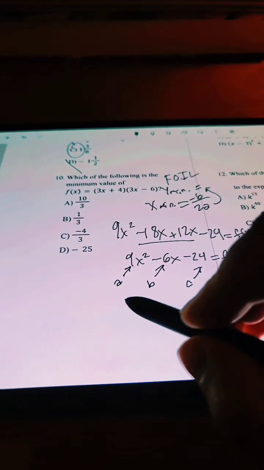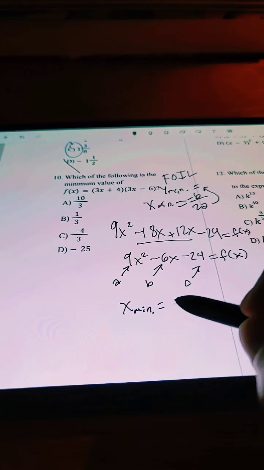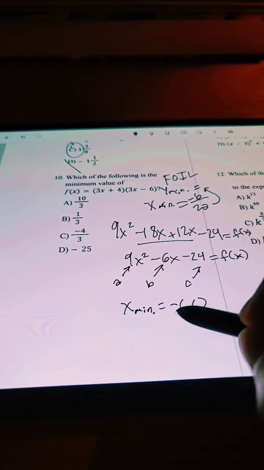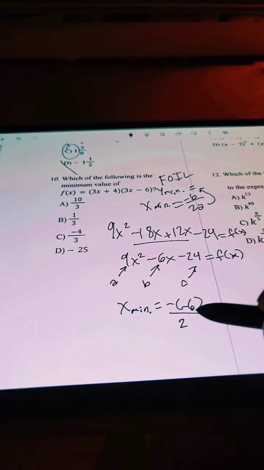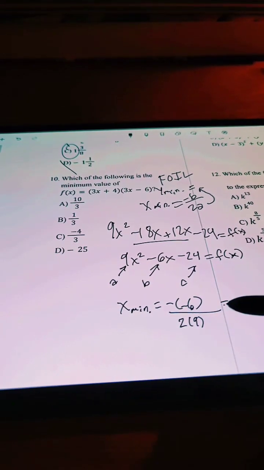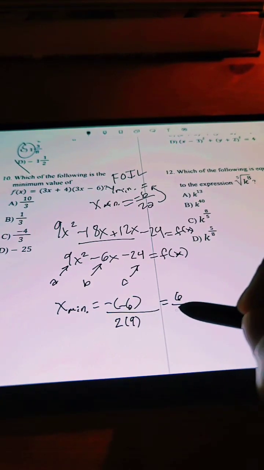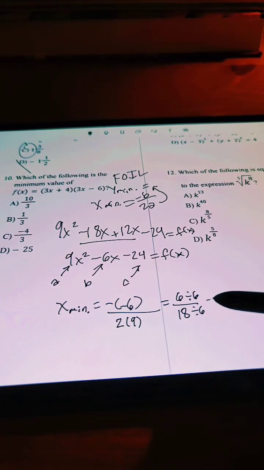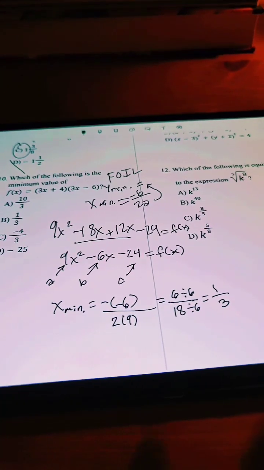To find x min, it's going to be negative b, which b is negative 6, so the negative of negative 6, over 2 times a, which is 9. The negative of a negative is a positive, so that's 6 over 2 times 9, which is 18. Then if we divide by the greatest common factor on top and bottom, it's 1/3.